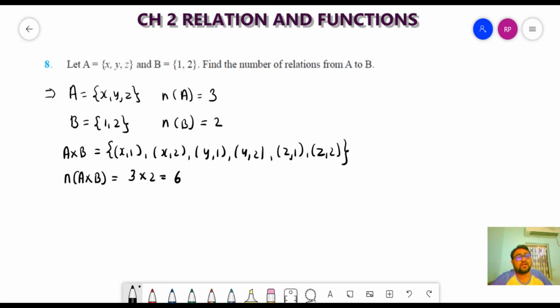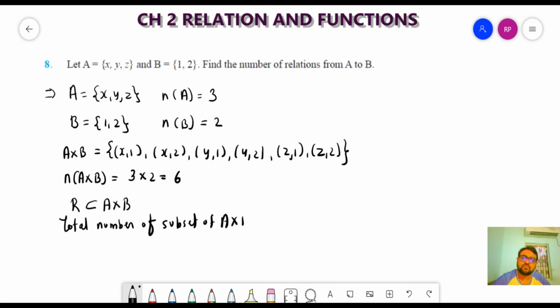So now what is relation? The relation R will be a subset of A cross B. So how many total number of subsets? So total number of subsets of A cross B will be equal to 2 raised to n. And how many elements A cross B is having? 6. So 2 raised to 6.